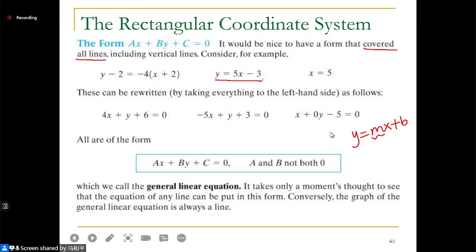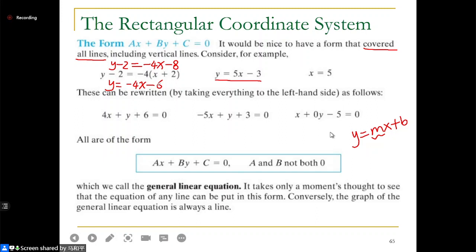For this other line, we can write y is minus 4x minus 8, right? This is point slope form. This is slope intercept form. This is a horizontal line, x is 5.